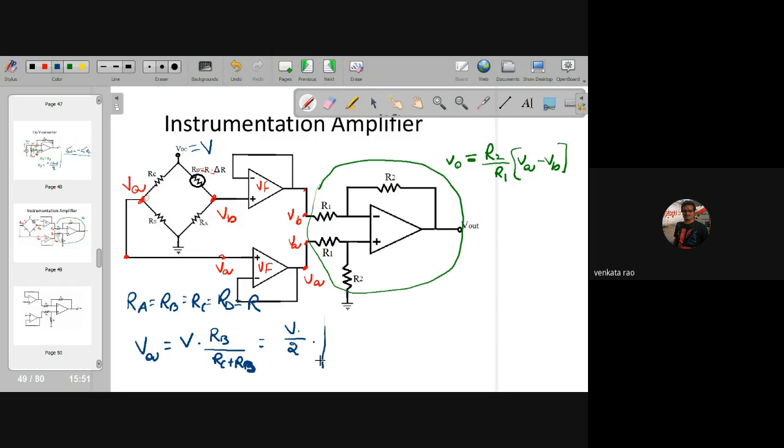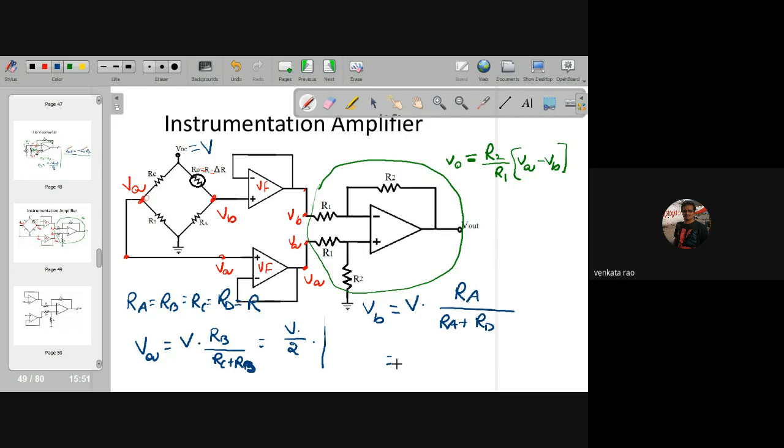Similarly, I am taking VB as V into RA by RA plus RD.